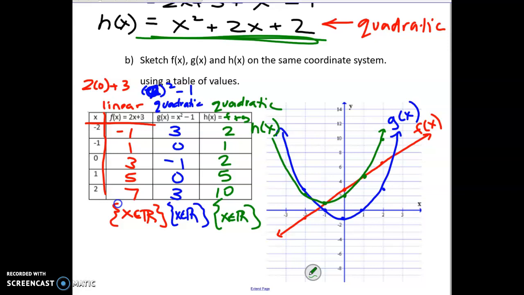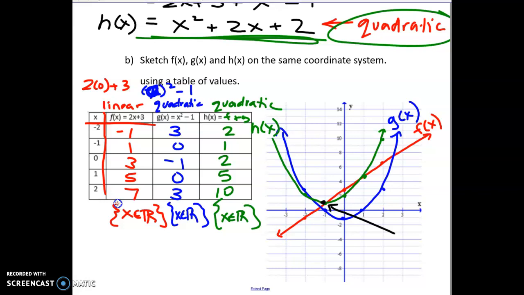Now that should make sense because h of x was a quadratic function. So a quadratic goes on forever, which means it's still an element of reals. The range, you have to actually look on the graph to find. So domain, you can tell from the first two functions what your new domain will be. But your range, I have to look at the graph. So I see the smallest point on my graph right there is at 1, and all the other y values are above 1.